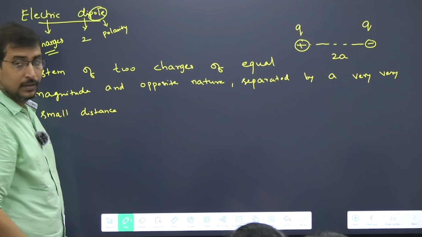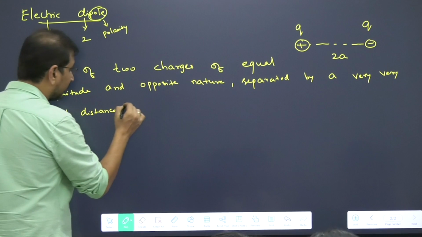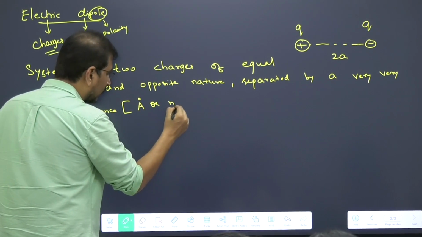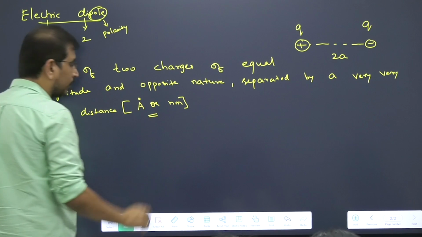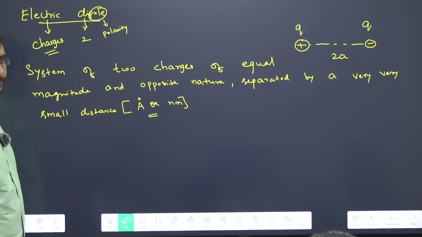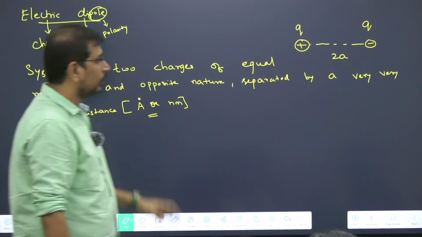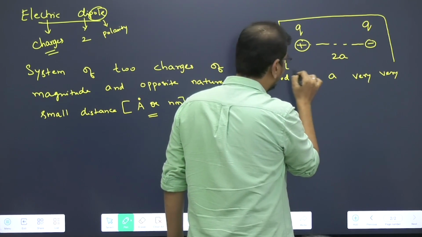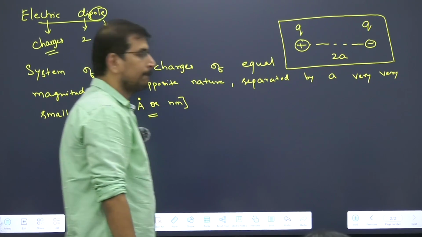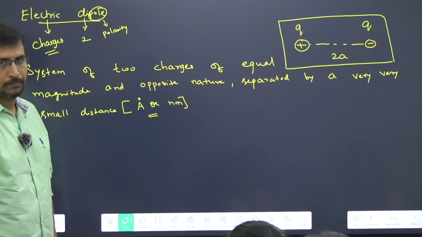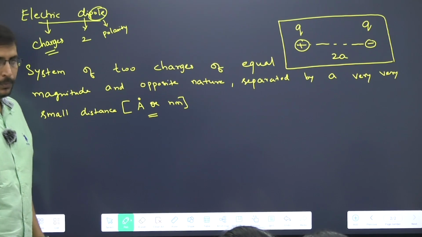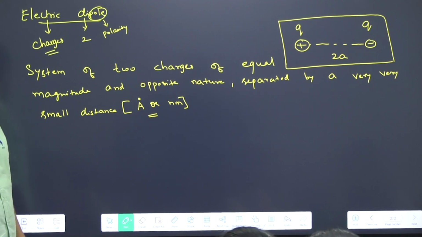When I say small distance, it is generally in terms of angstrom or nanometer, right? So this is what is called an electric dipole. This is how you represent it diagrammatically, right? I hope it is clear. Now, first you can listen, then I'll give you time to write.